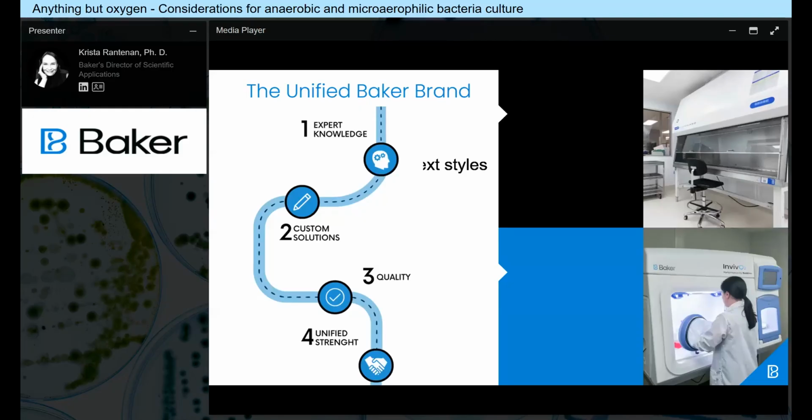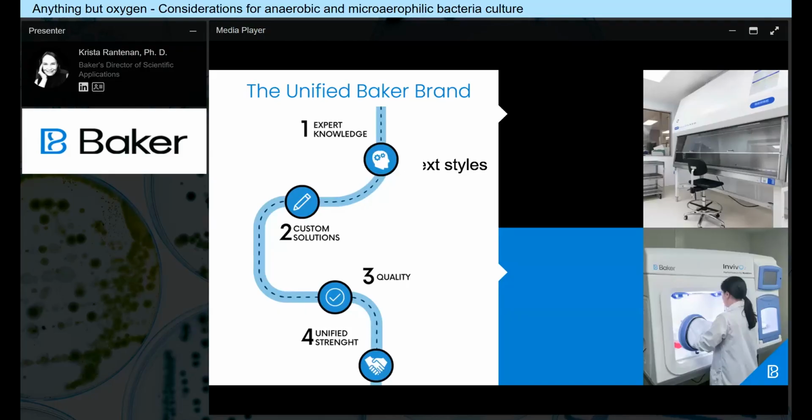Baker is an expert in biological safety and precision cell culture and bacteria culture workstations. And the Baker brand is actually made of 3 previously independent laboratory manufacturers, including Ruskin Technologies in UK, and some of you in the audience might be familiar with the former Ruskin anaerobic or hypoxia workstations, or Baker Ruskin brand for the past 10 years.